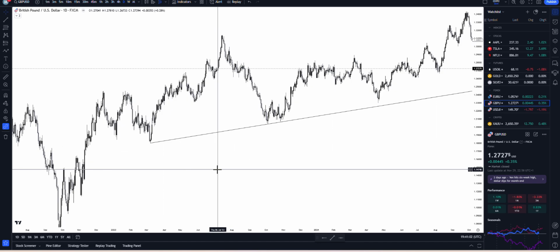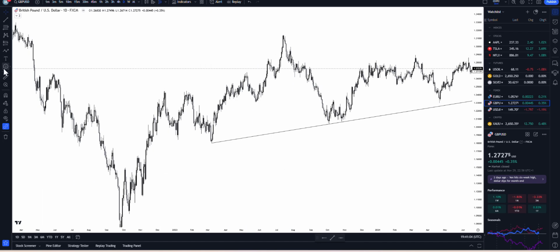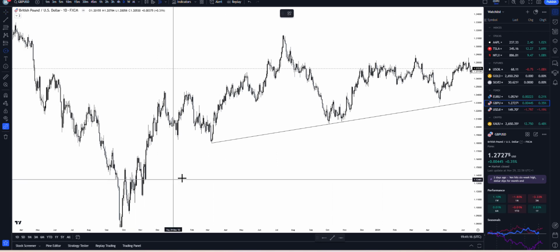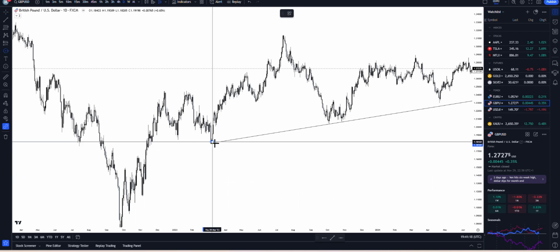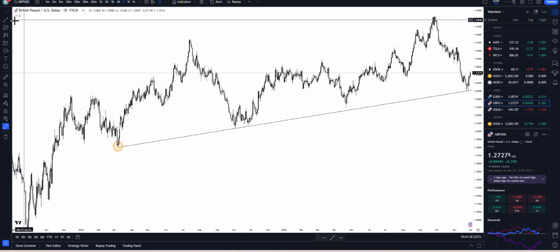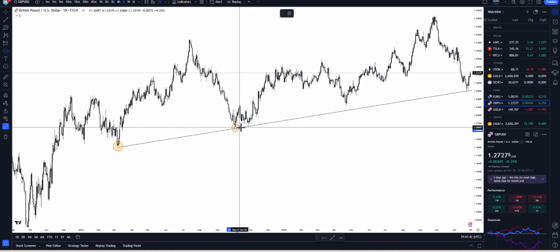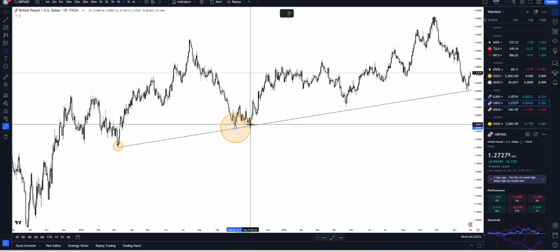This is the first touch here. And mark it out with something. Sorry, I'm looking for my drawing tool. This is our first line here, and these are our second touch. These both guys are our second touch here.